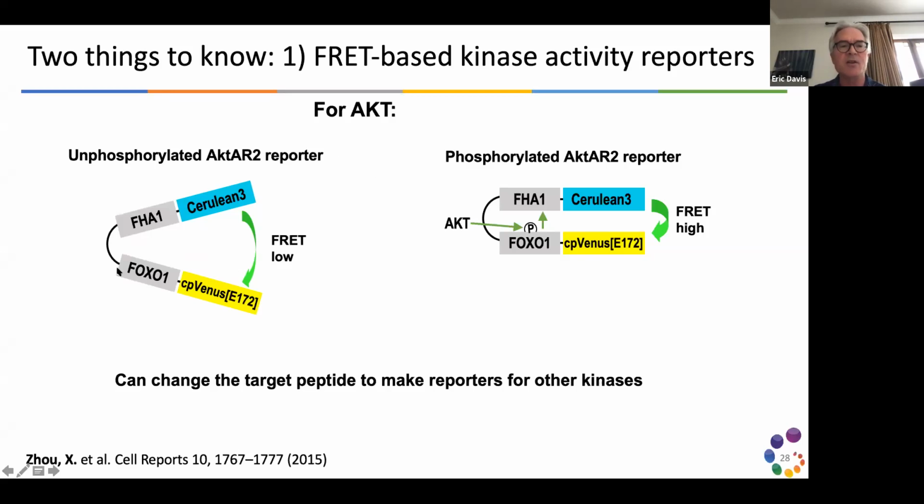In between, there's a linker that has a target peptide for the kinase of interest, and then a domain that can bind to that target peptide once phosphorylated, which will then generate a higher degree of FRET. So the degree of FRET from this reporter is proportional to the degree to which the reporter is phosphorylated, which in turn is reflective of the activity of the kinase AKT.